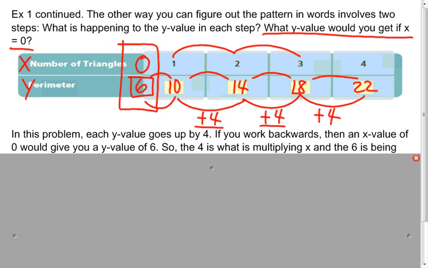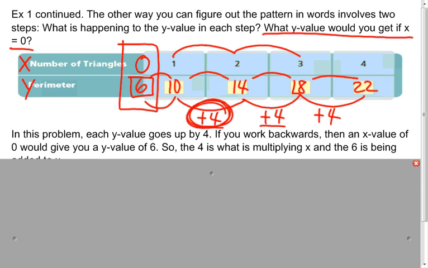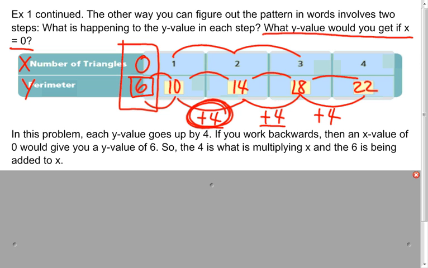Now, here's what this means. Whatever's happening to the y value each time, this add 4, you're going to multiply x by that number. Whatever goes along with x equals 0, you're going to add that number. So this really gives us 4 multiplying the x, and 6 being added.